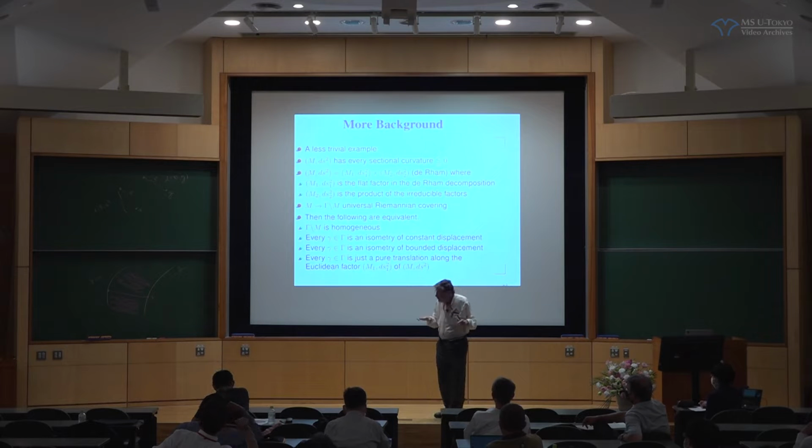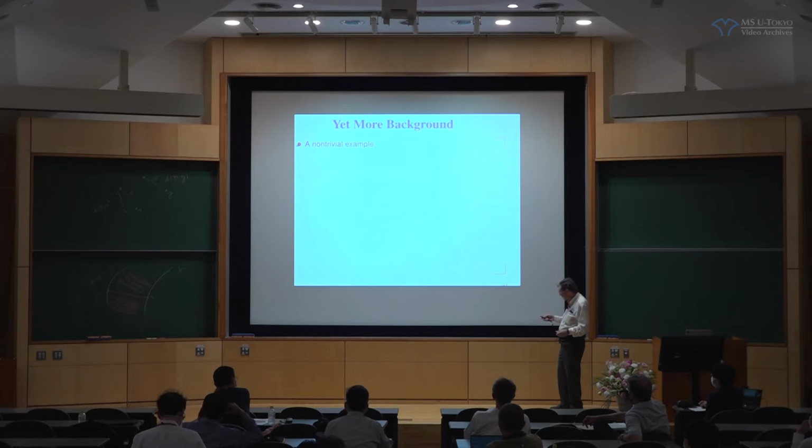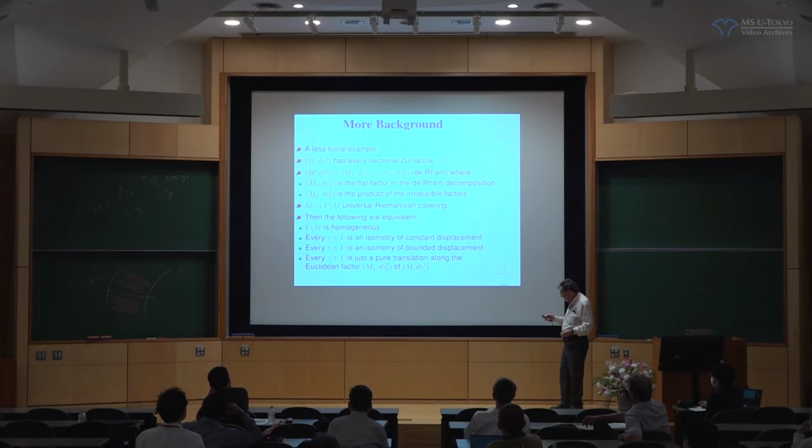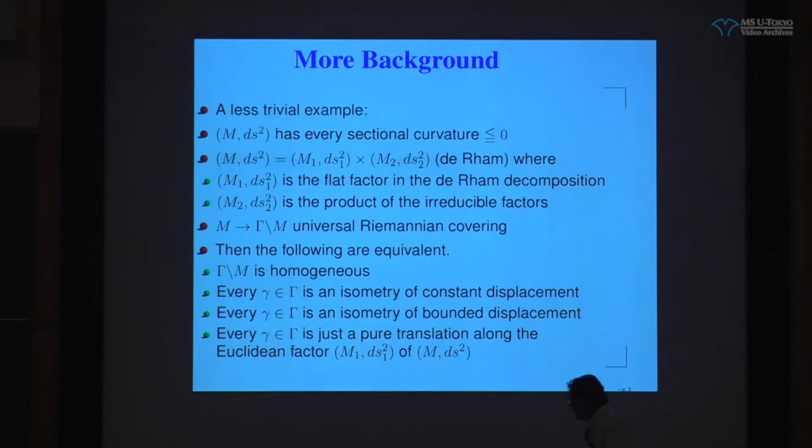So what's happening is every bounded displacement isometry is just translation along the Euclidean factor. So again, this homogeneity theorem is okay.